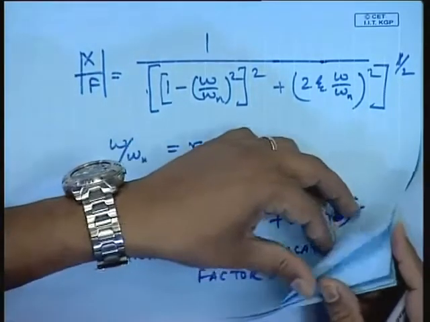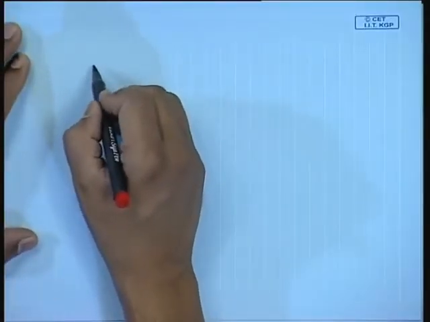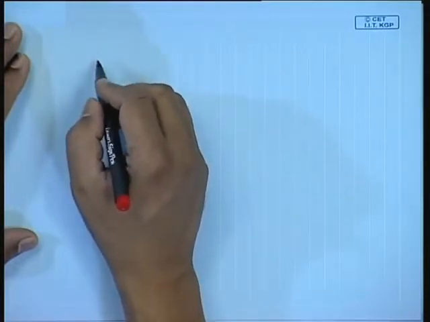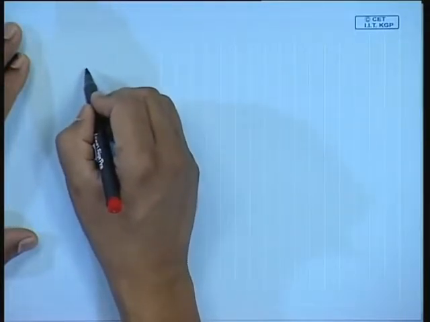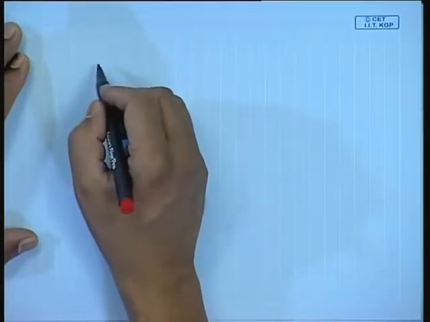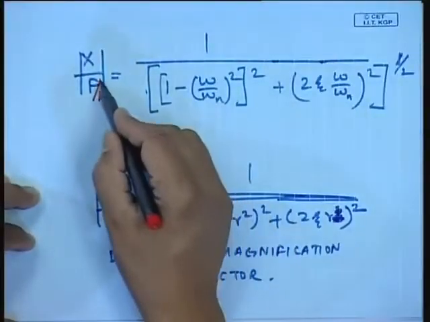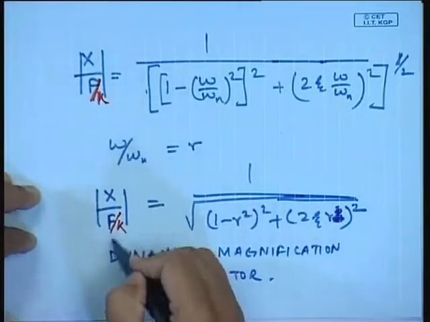And looking at this equation, there will be an x by F by k actually. In fact, I take it back, I just made a typo here, so make a correction, it is F by k.